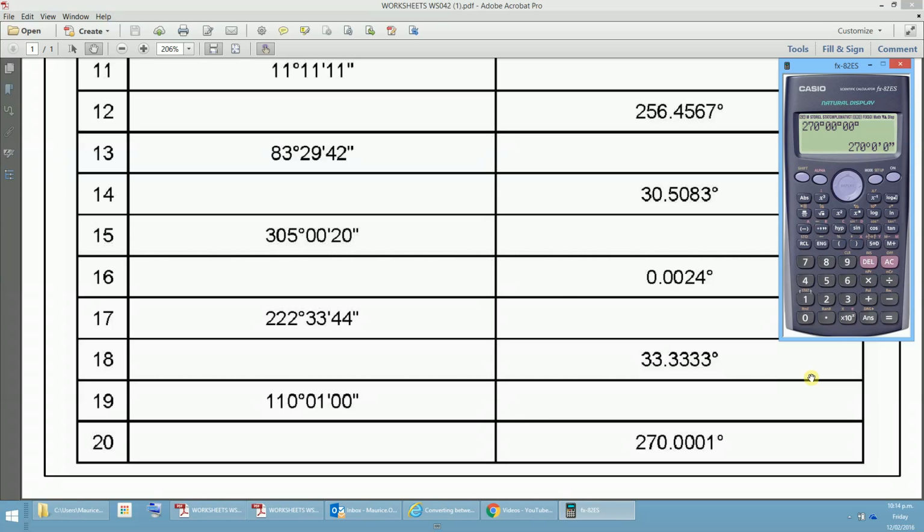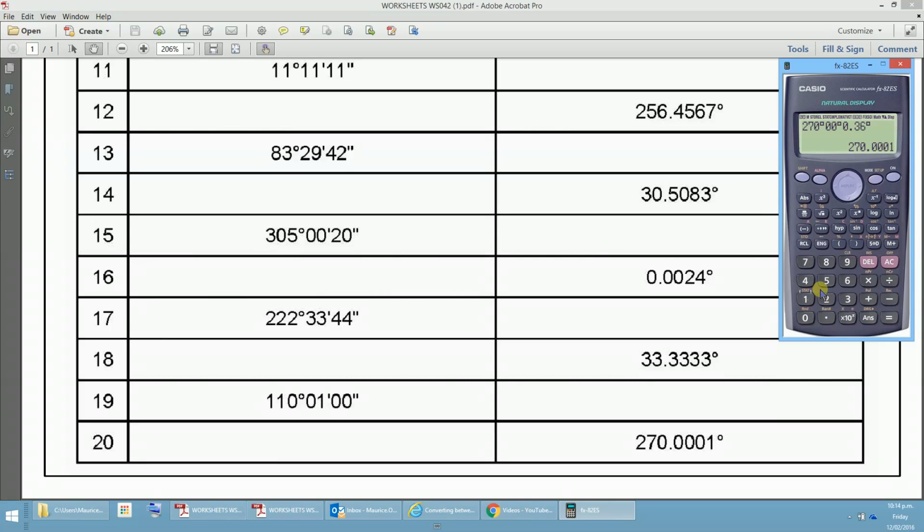You can put in decimal seconds too, I think. 270 degrees, 0 minutes, 0.36 seconds, equals, and then we can convert that back, and that would give us 270.001.